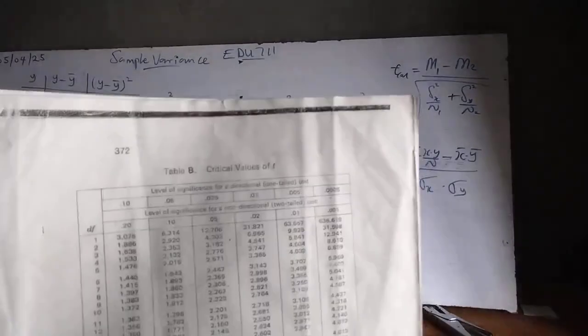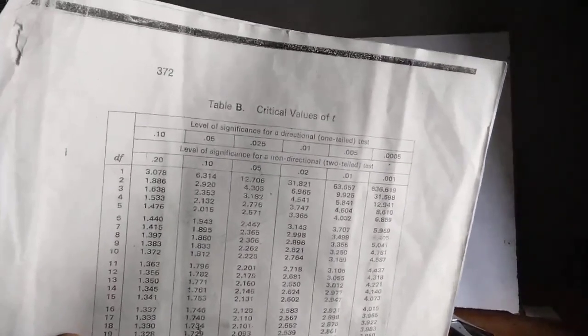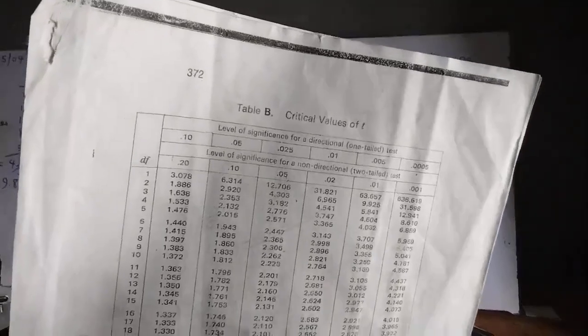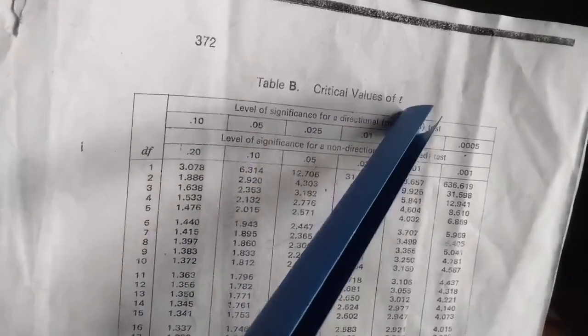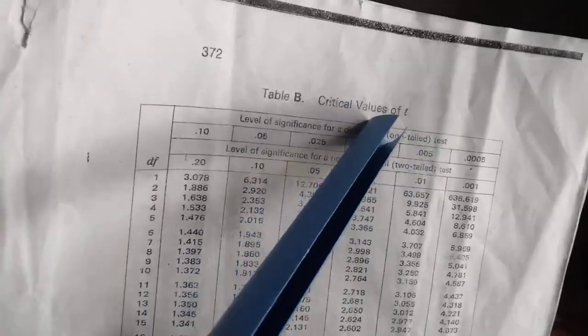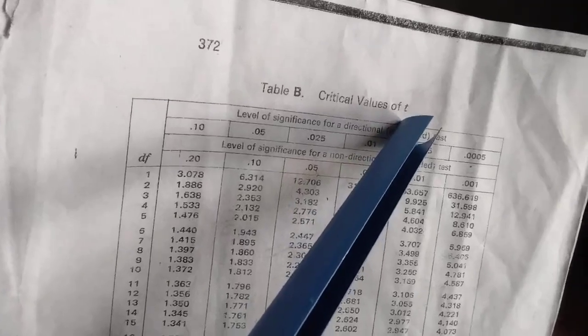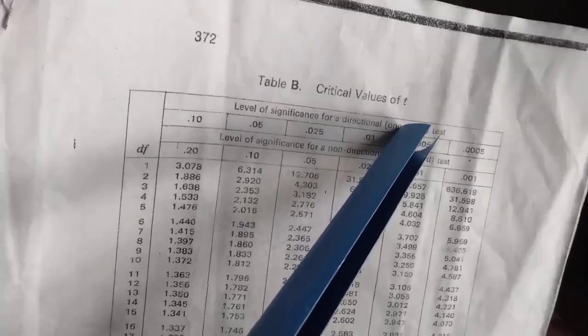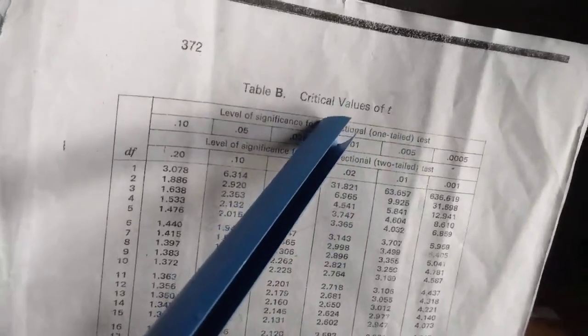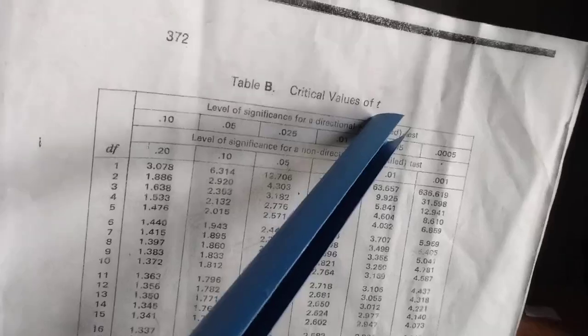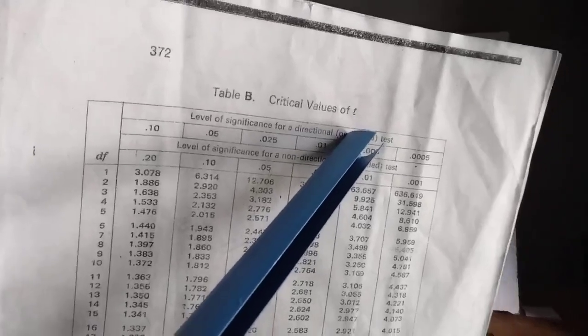So this is table B. If you have the same table, or even if yours is not table B, just look at the heading. Look at this heading: critical values of T. So when you see this, even if it's in a statistical textbook and you see critical values of T, know that that is for the T test.